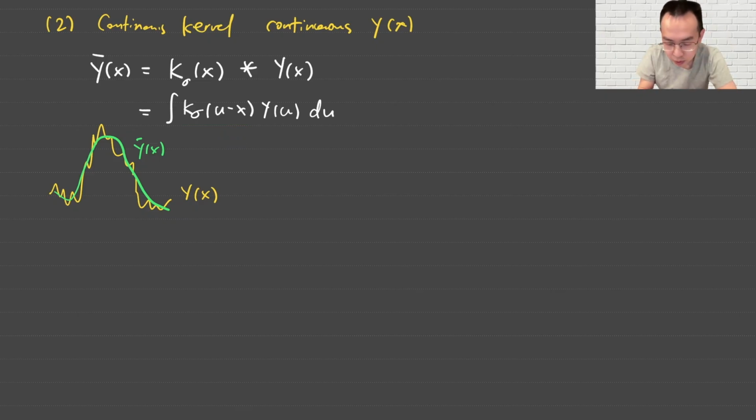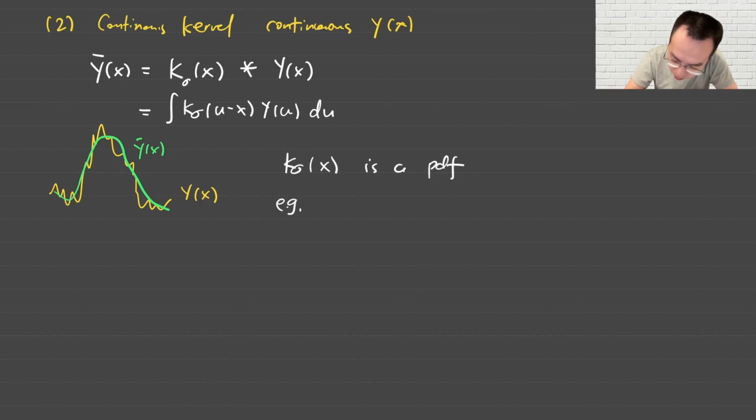Okay, so the idea here is the same. Suppose we are given one particular value of x, then we are taking the average of this function y using the weights coming from this kernel k sigma. So this k sigma needs to be a probability density function. For example, one common choice that we use is the Gaussian PDF.